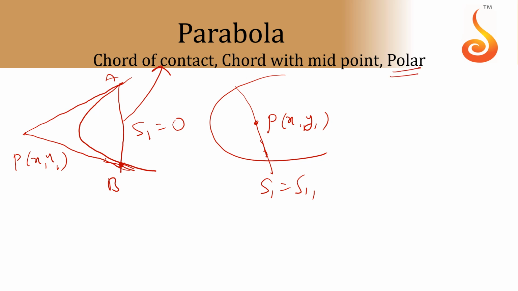Then similarly you know polar also. What is the polar definition? Point of intersection of tangents drawn at the extremities of the chords which pass through a given fixed point P. So what is the equation of polar? The equation of polar is also S1 equal to 0. So the tangent equation at a point x1 y1 is also S1 equal to 0. Now if I ask you something like what is the polar of a point on the directrix?